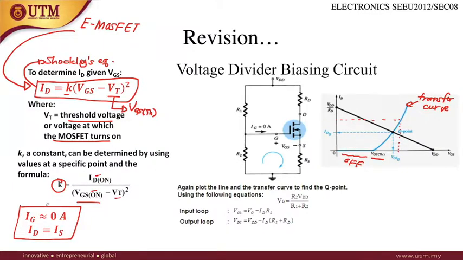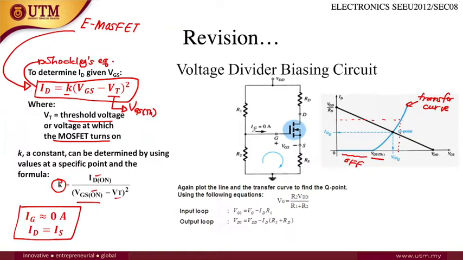Another thing that you need to know for MOSFET DC analysis is that IG is approximately 0 ampere, which means no current flows into the gate. So IG is equal to 0.